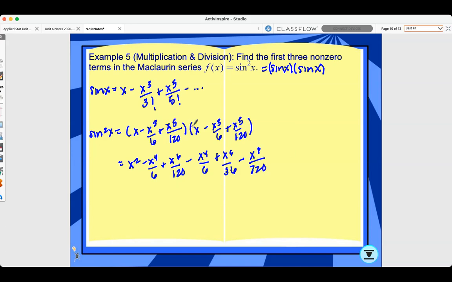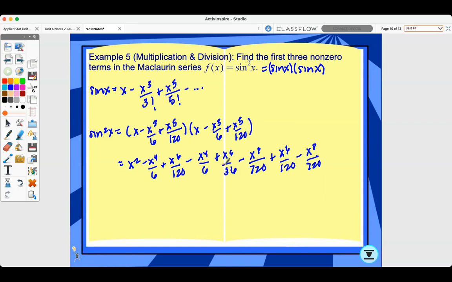Then I'd multiply x to the 5th over 120 to each of these, so I'd have plus x to the 6th over 120 minus x to the 8th over 720. And I know it's the first three non-zero terms, so I can stop there because I have 2, 4, and 6. X to the 8th is not going to be included in these.